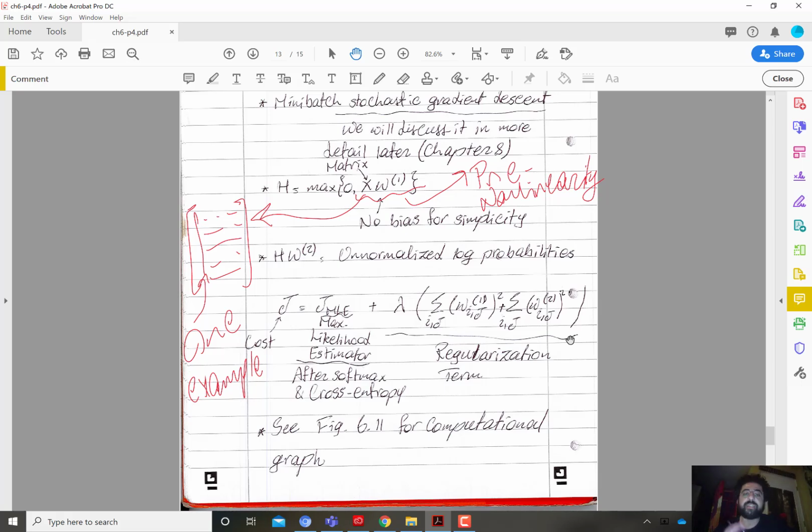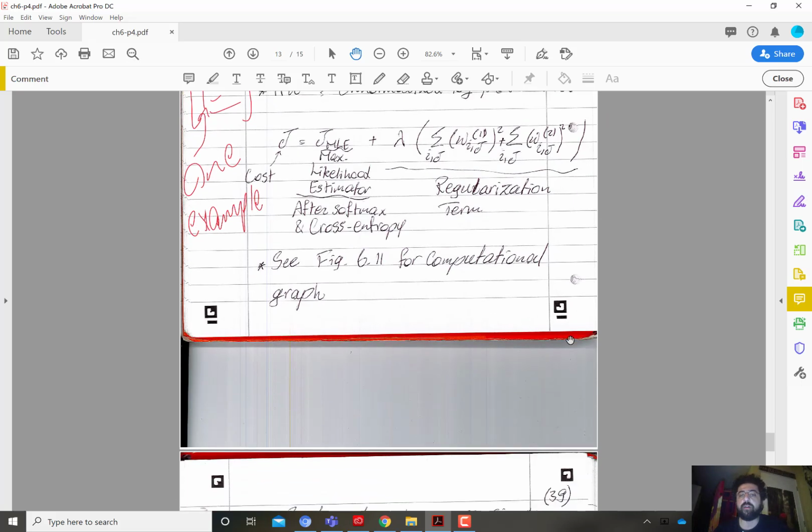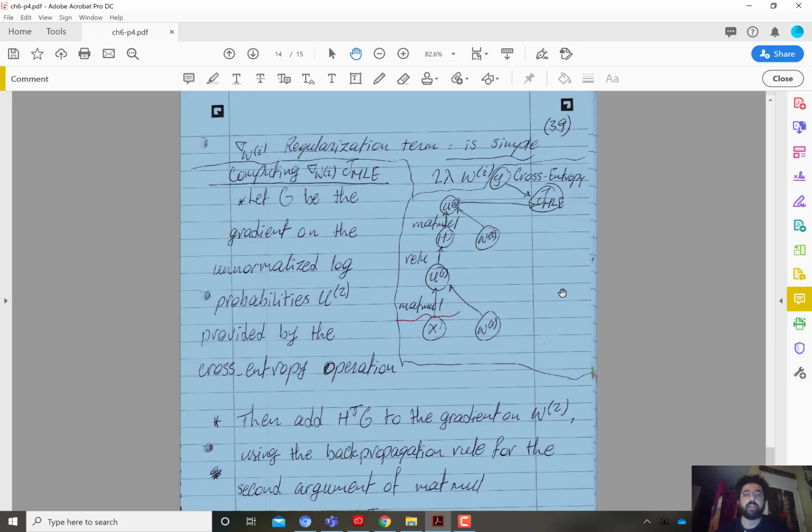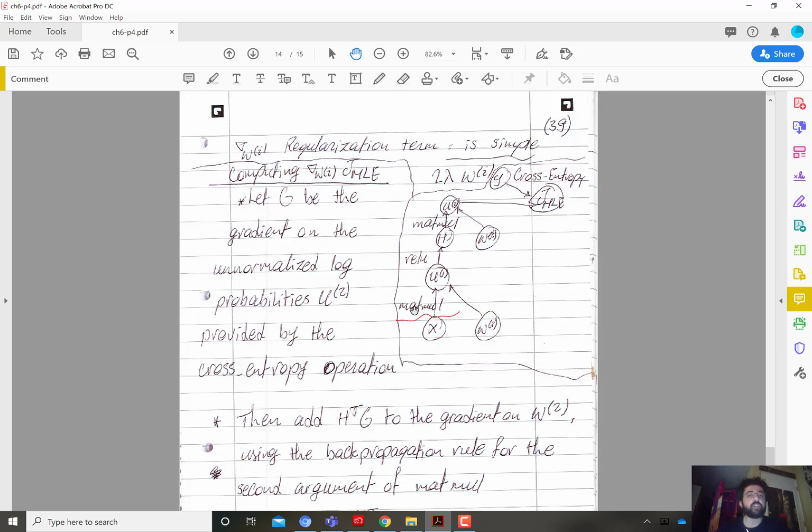Now let's see how the computational graph works. Here you have x, and then W1, and then you have an operation, matrix multiplication. And that operation comes with a definition of the backpropagation method.